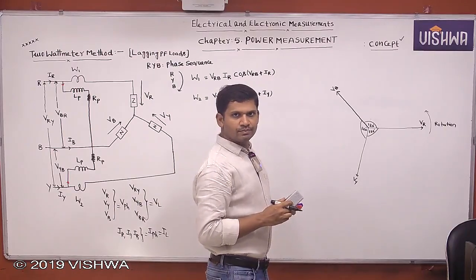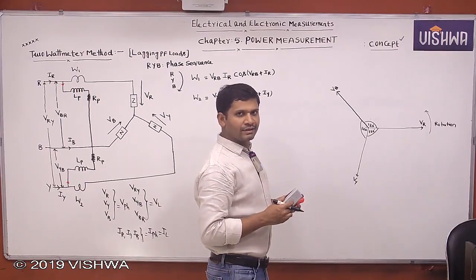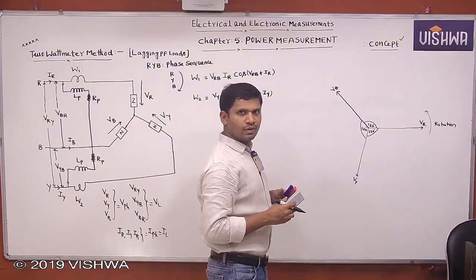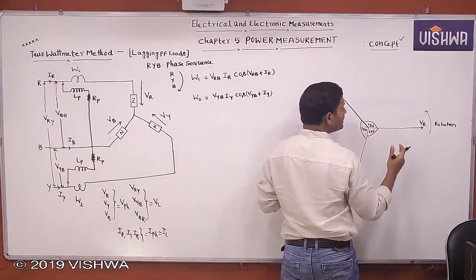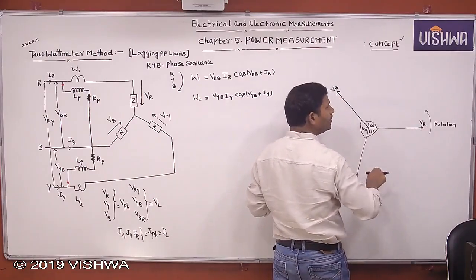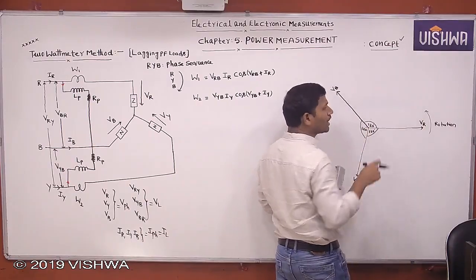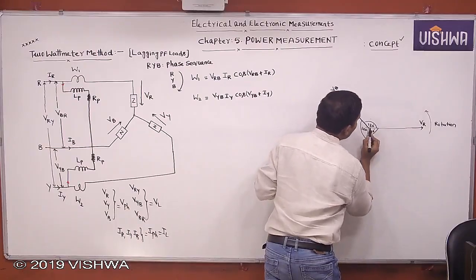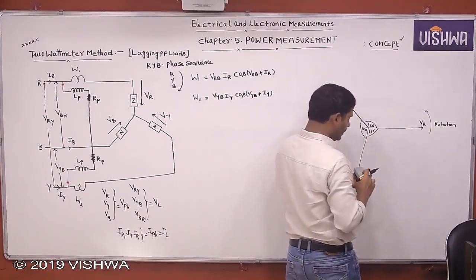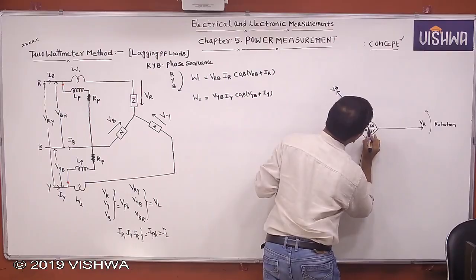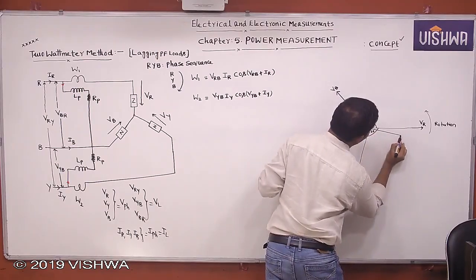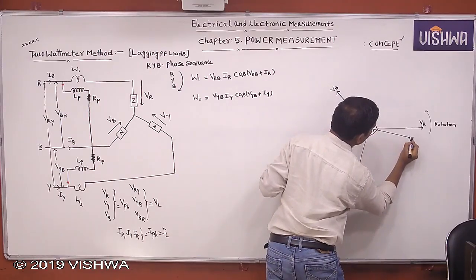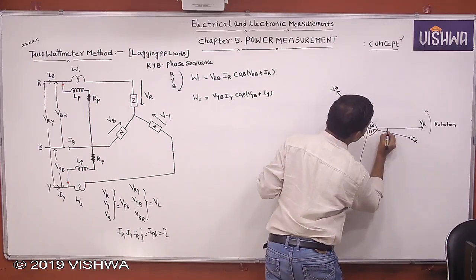Assuming lagging current, lagging loads, I have taken the phase sequence in clockwise R, Y, B, but vector rotation is in anti-clockwise direction. Then first R, then current lags the voltage. Let this be IR. IR lags VR by angle of phi.